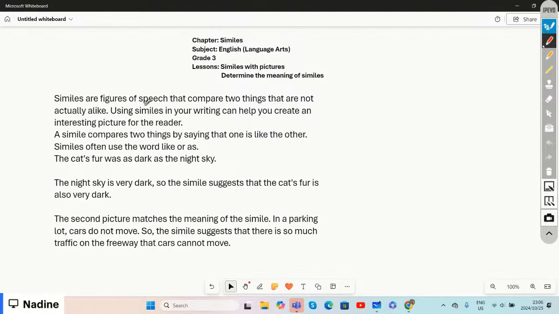All right. So when it comes to similes, right? Similes are figures of speech. And it's figures of speech that basically compare two things that are not actually alike.